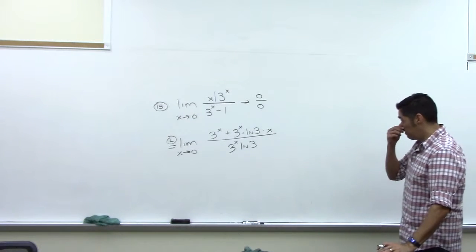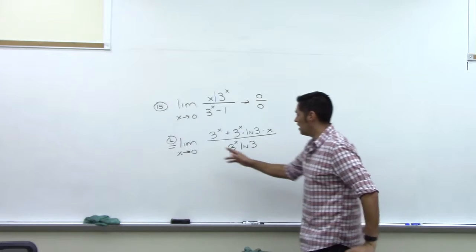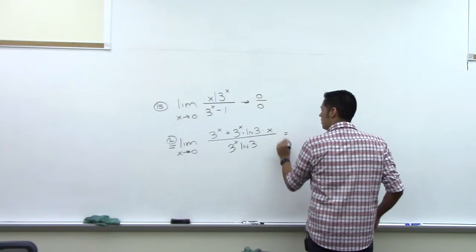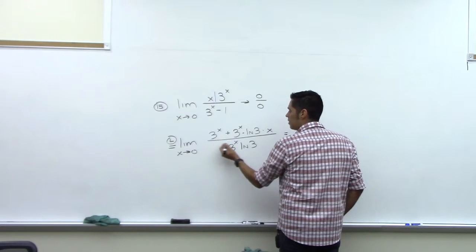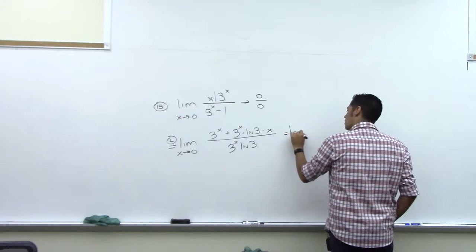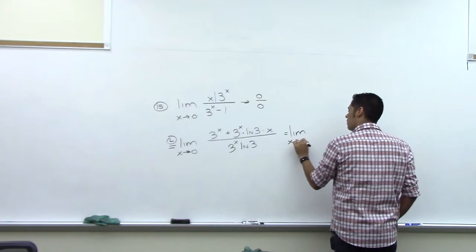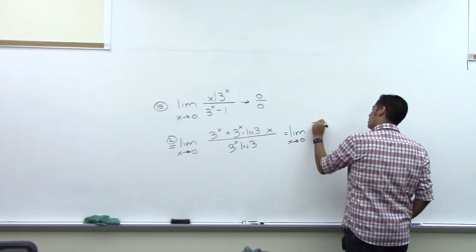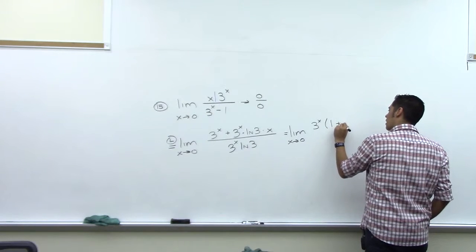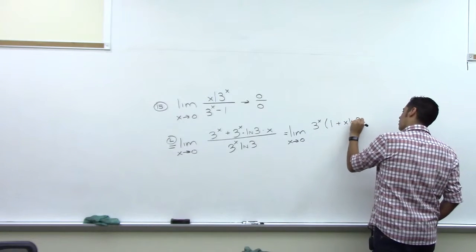All right, well, it looks like at this point you could start letting x go to 0 again, but let me just clean this up. Notice that in the numerator I have 3 to the x here and 3 to the x here. So I could factor out a 3 to the x, and I would have 1 plus x natural log 3.